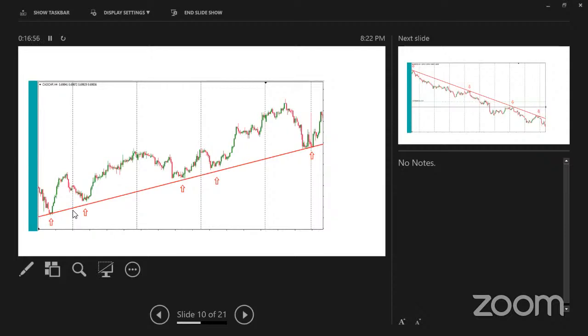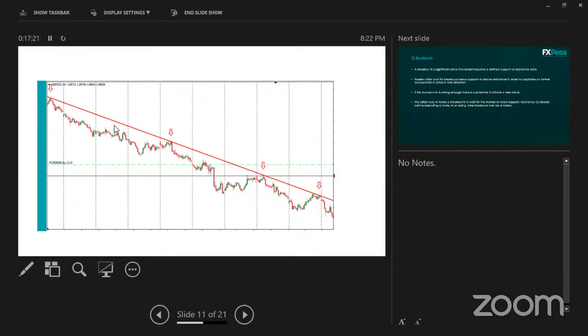So you can try to draw attaching these points, and then at least you have another confirmation on the upper side to show you the market has finished creating a higher high, and you will have the patience of waiting for the market to come and create a higher low so that you can take a buy position. So the same trend line drawn on a downtrend, you are able to see the structure for a downtrend movement.